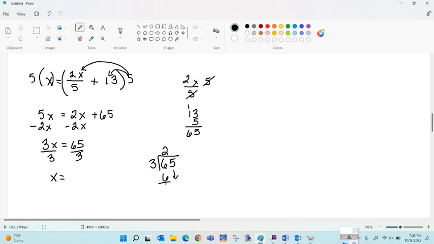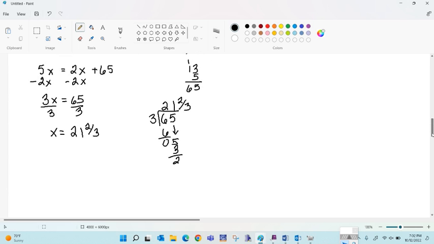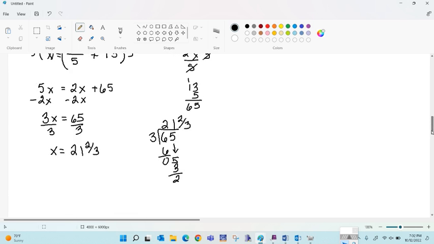Bring down the 5. 3 goes into 5 one time. Remainder 2 over divisor 3. So 21 2/3. Okay, one more of these and then we'll tackle the decimals.